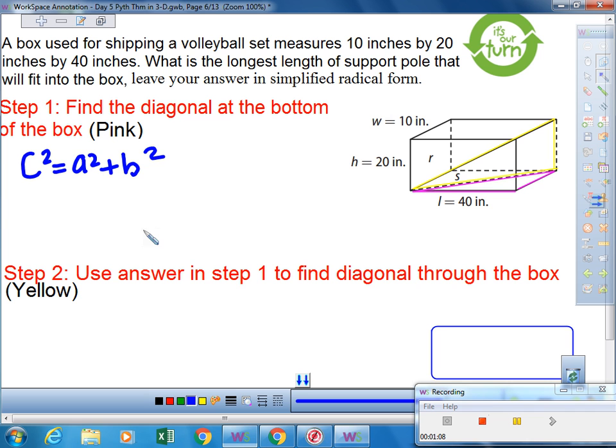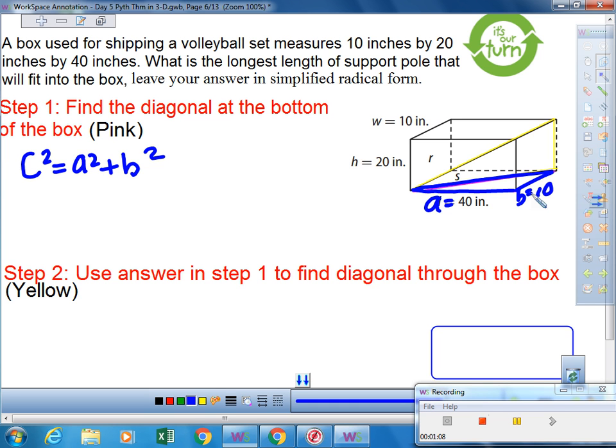So the first thing we have to do is find this diagonal that is going along the floor. So I have this side and this side. So here's A equals, and what's this length right here? 10. It's the same as this upper one, right? So this is 10. That's B equals.